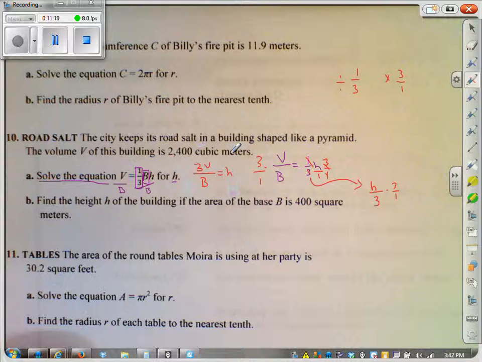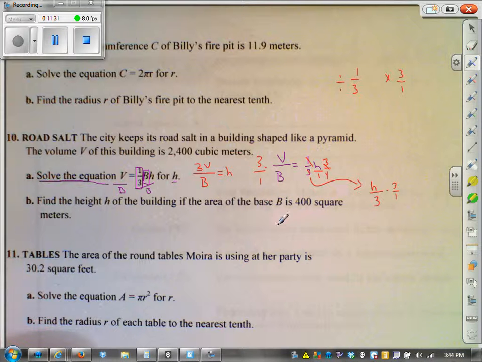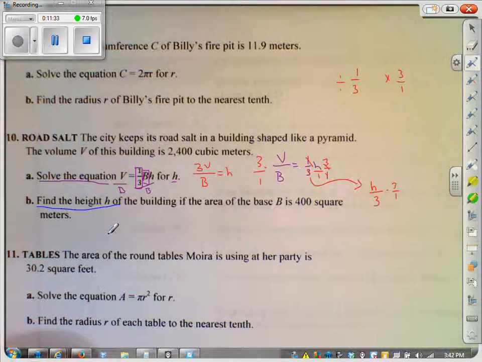Well, once we have that, now we can go on to the second one. Find the height of the building if the area of the base b is 400 square meters. So this is where we look and say, okay, what's the important information? They're asking for the height of the building. Important information: the area of the base b is 400 square meters. And then we go back up here, the volume is 2,400.